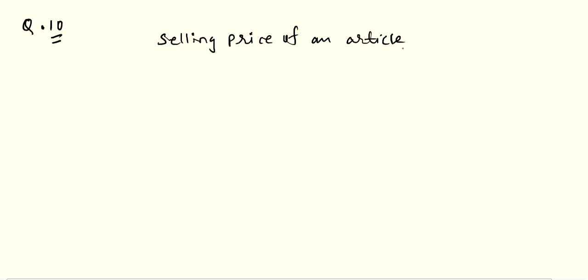Question number 9 and 10 both are the same. I am solving here question number 10. In question number 10, the selling price of an article is rupee 1200, and the cost price of that article is 5/4 times of selling price.